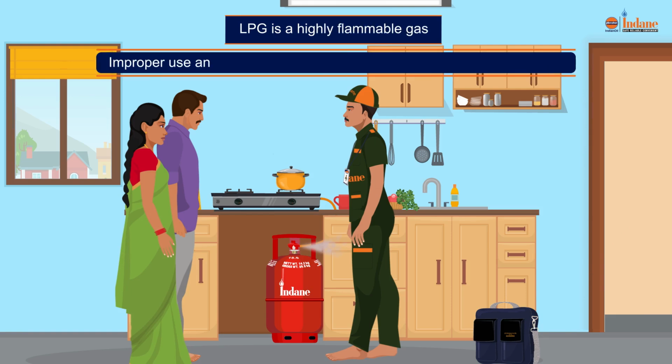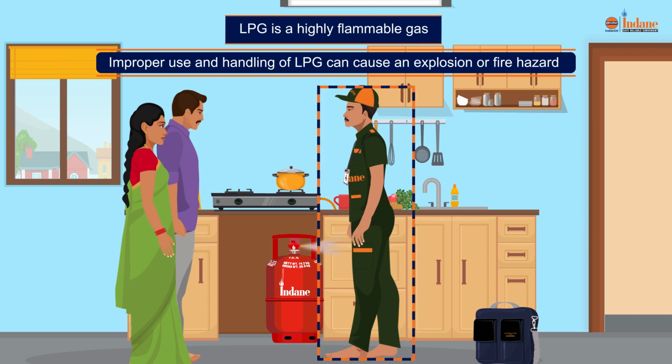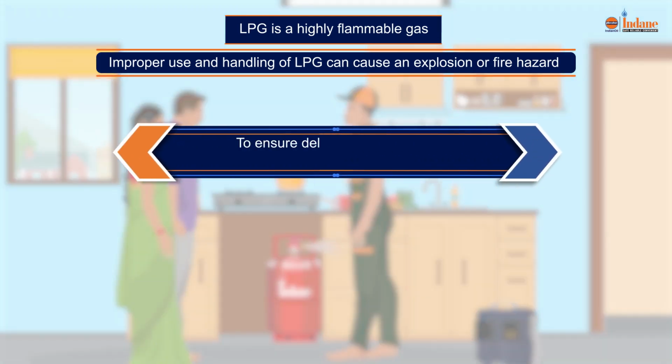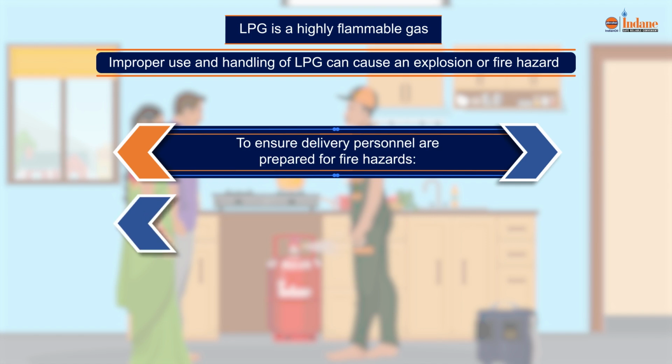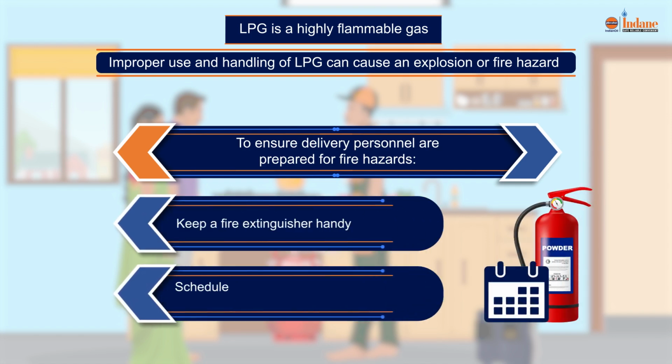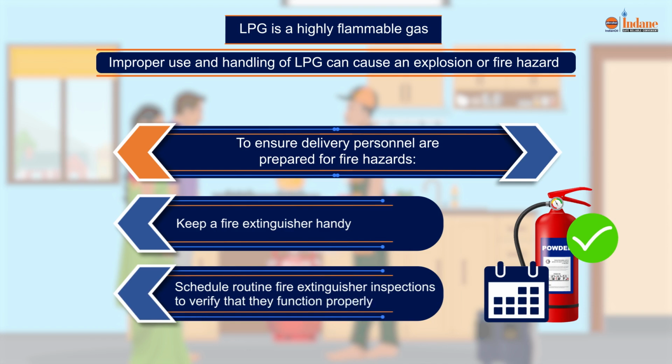Improper use and handling of LPG can cause an explosion or any fire hazard that could harm both the delivery personnel and the customer. To ensure that the delivery personnel are prepared for any fires that may arise, they should always keep a fire extinguisher handy and schedule routine fire extinguisher inspections to verify that they function properly.